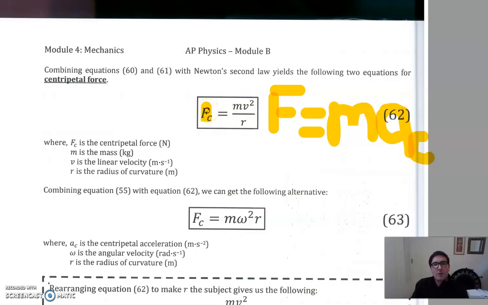Once again, you can also derive this equation. In terms of our units, our centripetal force will once again be in newtons, our mass will be in kilograms, our linear velocity is in meters per second, and our radius is in meters. Relating this equation again to our angular velocity, we can just replace our centripetal acceleration in terms of angular velocity into this equation to obtain this one over here.